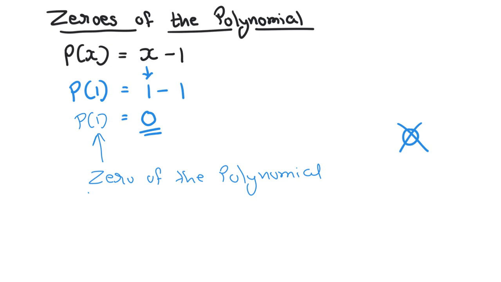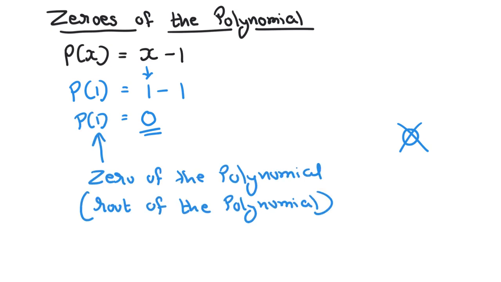It is also called the root of the polynomial. Zero of the polynomial, root of the polynomial, everything means the same. So now you get it. What is called the zero of the polynomial? The number that makes the value of the polynomial equal to 0 is called the zero of the polynomial.